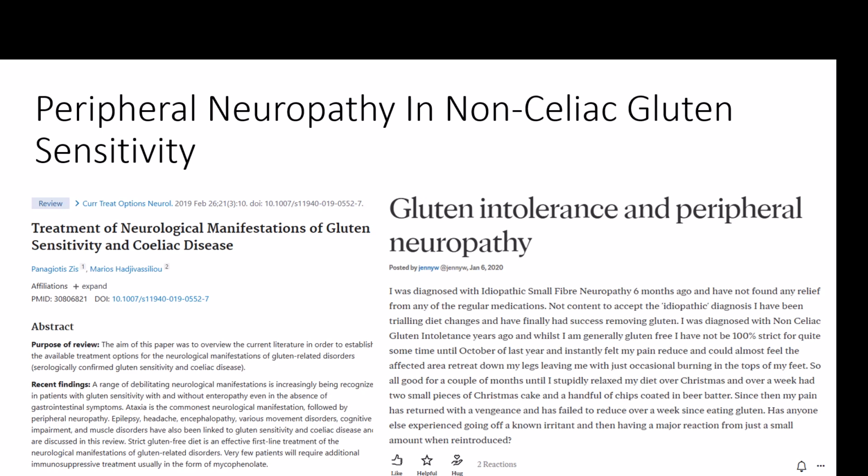On the left of the slide is an individual's account of their experience with gluten as the cause of their own peripheral neuropathy. It is titled Gluten Intolerance and Peripheral Neuropathy, and I'm just going to read what they wrote. I was diagnosed with idiopathic small fiber neuropathy 6 months ago and have not found any relief from any of the regular medications.